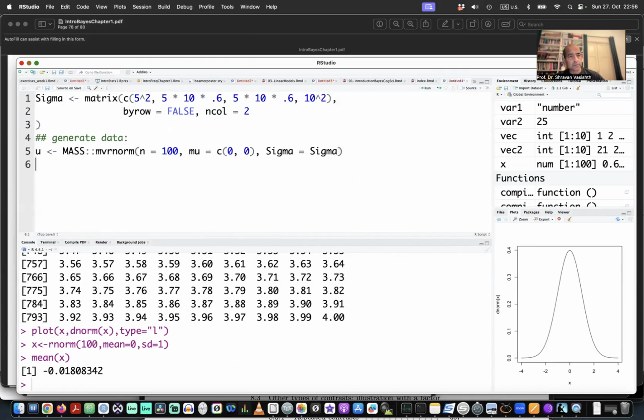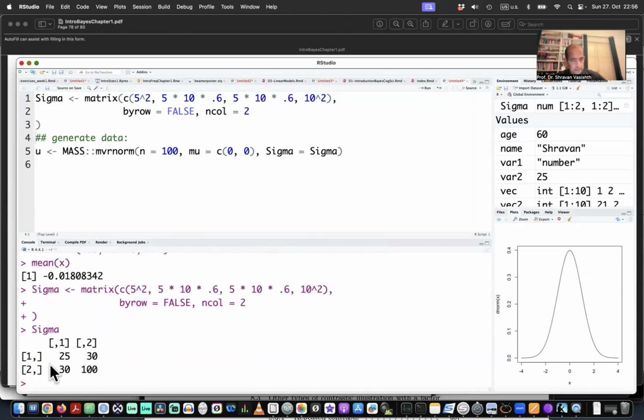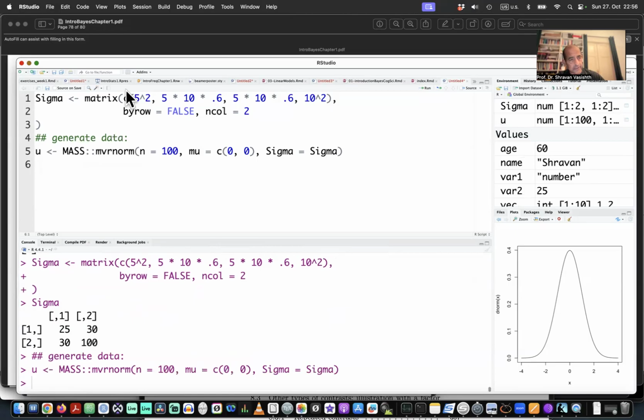So let's run this code. I'm going to create this big sigma. So let's look at it, right? So this is 5 squared, this is 10 squared, and this is the correlation here. 0.6 times 5 times 10 is 30, right? And so then I'm going to create the random data, okay? 100 data points.